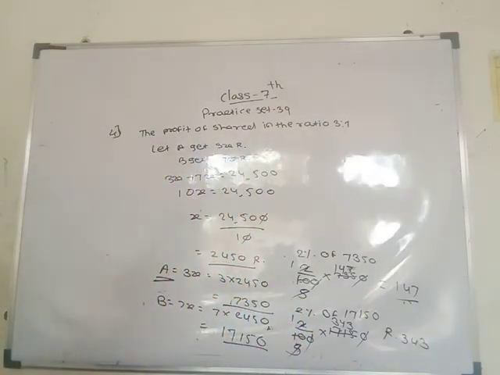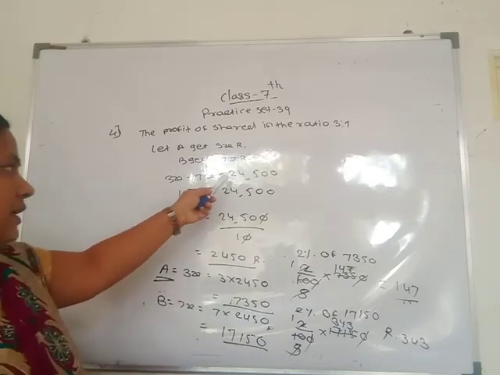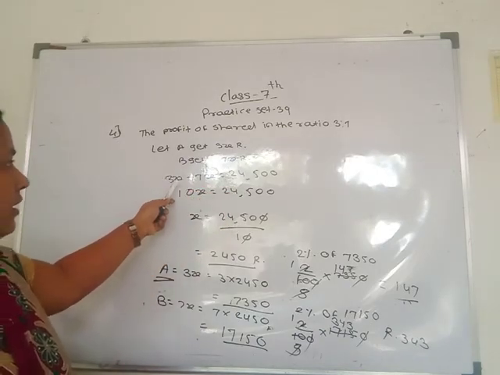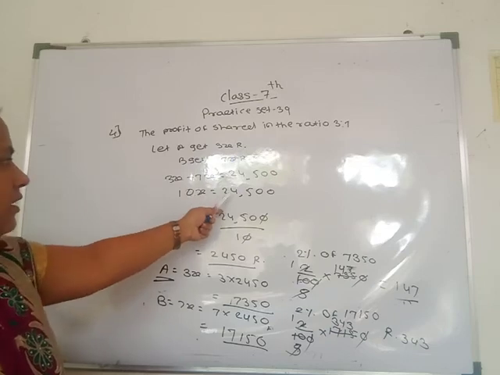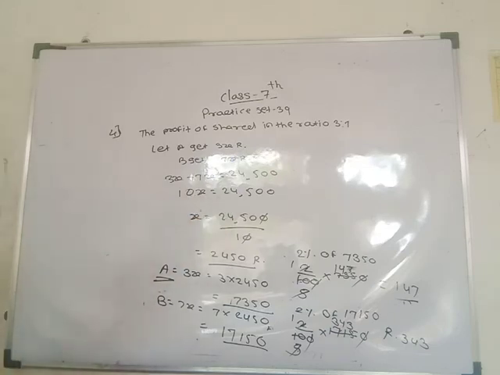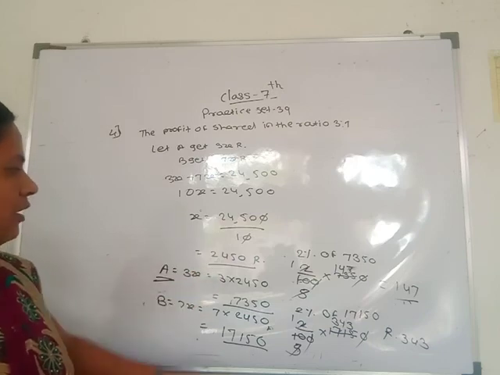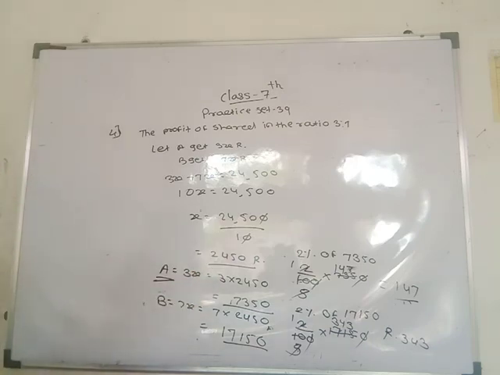See, first: A and B shared a profit of 24,500 in the proportion 3:7, so suppose A gets 3x rupees and B gets 7x rupees. Then 3x plus 7x, 10x, is equal to 24,500, and x is 2,450 rupees. But here 2% is given, and what does each of them get?